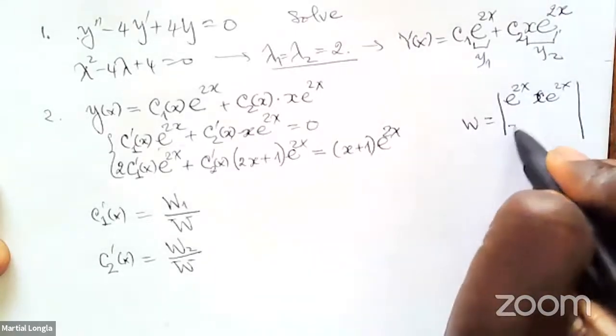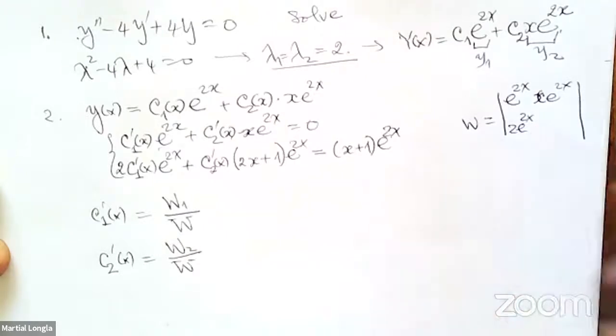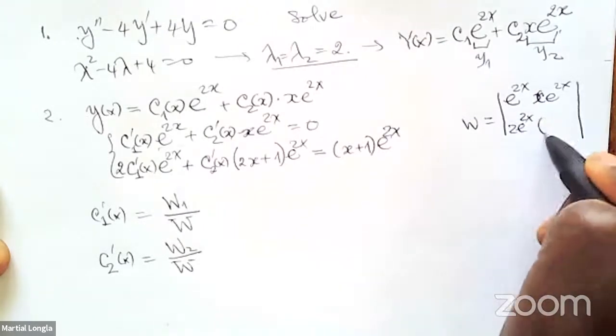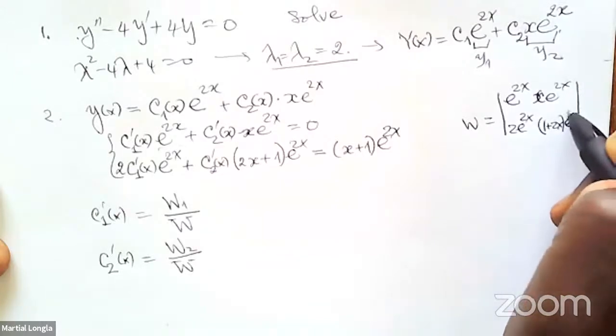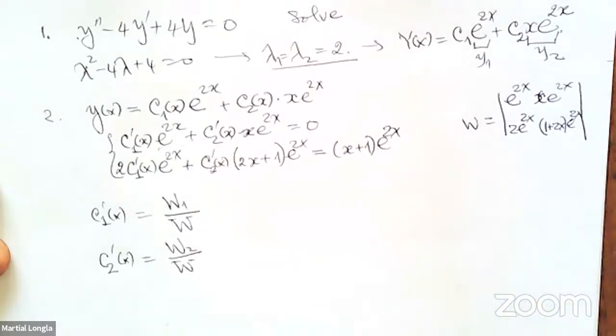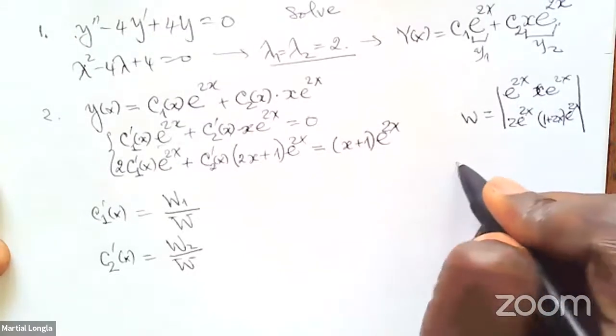The derivative of e to the 2x is 2 e to the 2x. You need to have the correct derivatives, otherwise everything else you're doing is useless. So that's the Wronskian, and we compute that Wronskian.